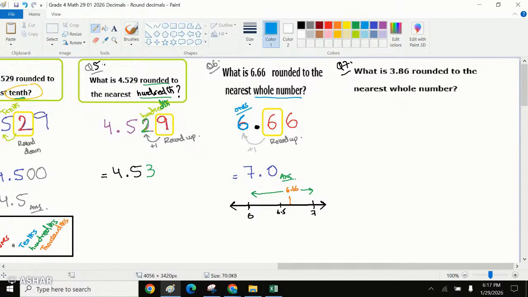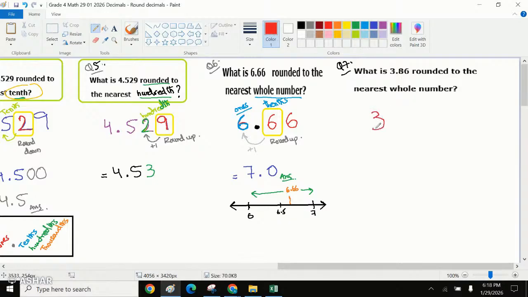After ones, what is the position? We need to look at tenths. Tenths was a 6, right? Yes, thank you, May. That means in the previous, yes. Thank you, Baruch.